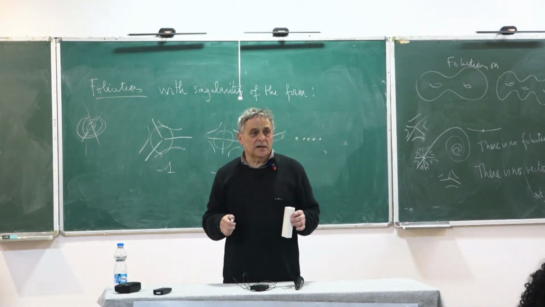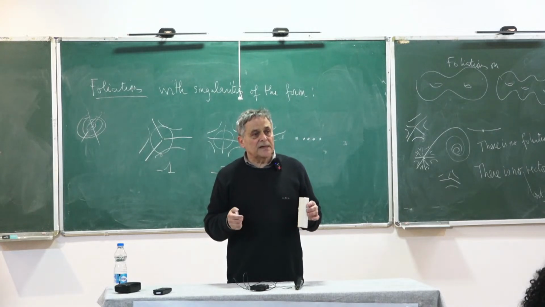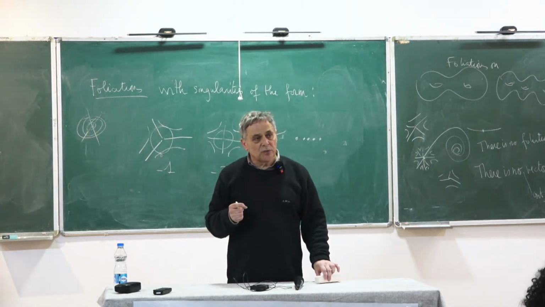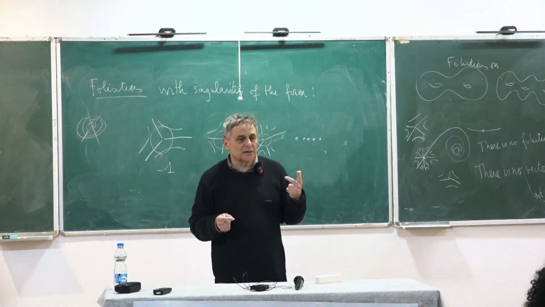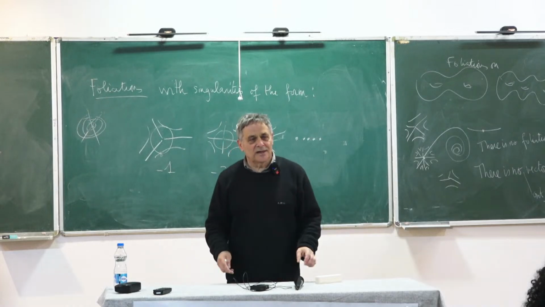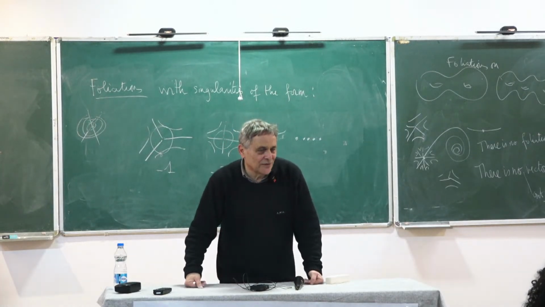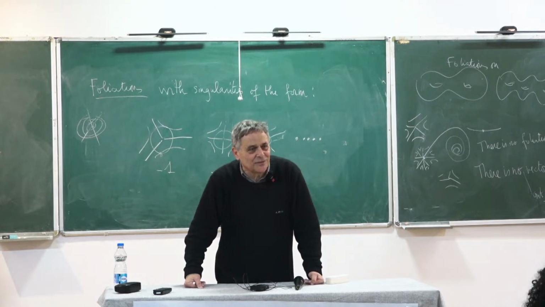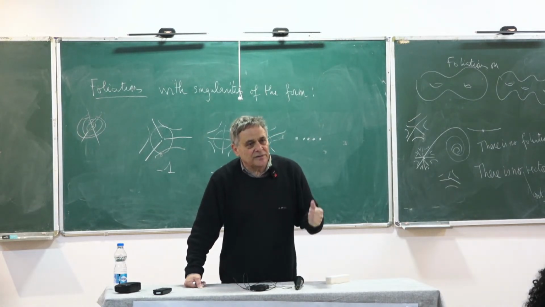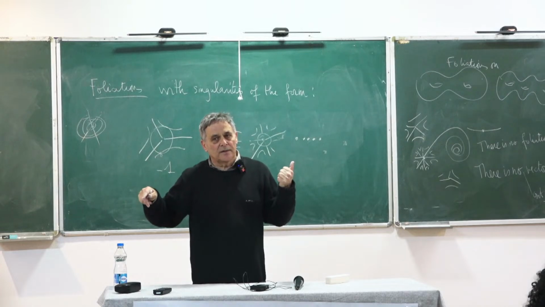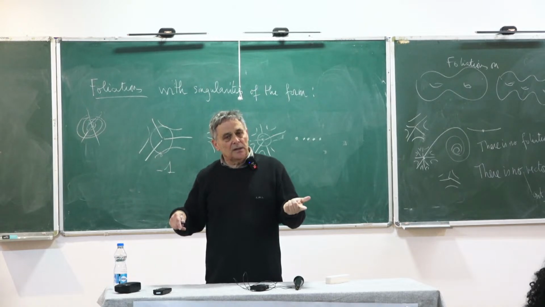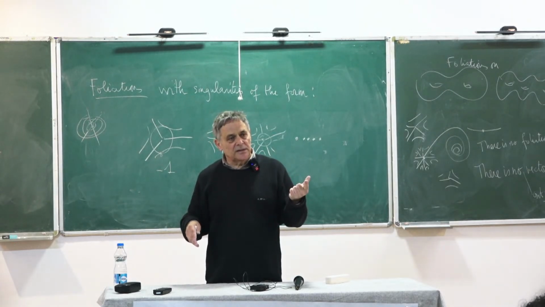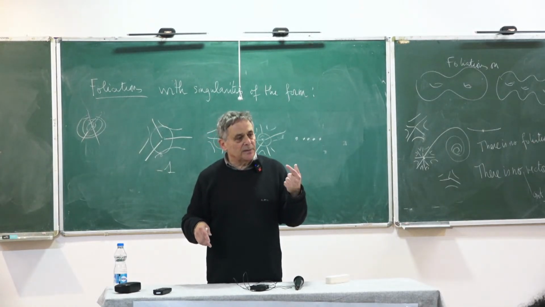I gave you three references. If you study all three of them and understand, you become a great mathematician. The first reference is this paper I mentioned, minimal stretch maps between surfaces, which is on the internet. The second reference is these notes on the geometry and topology of three-manifolds.